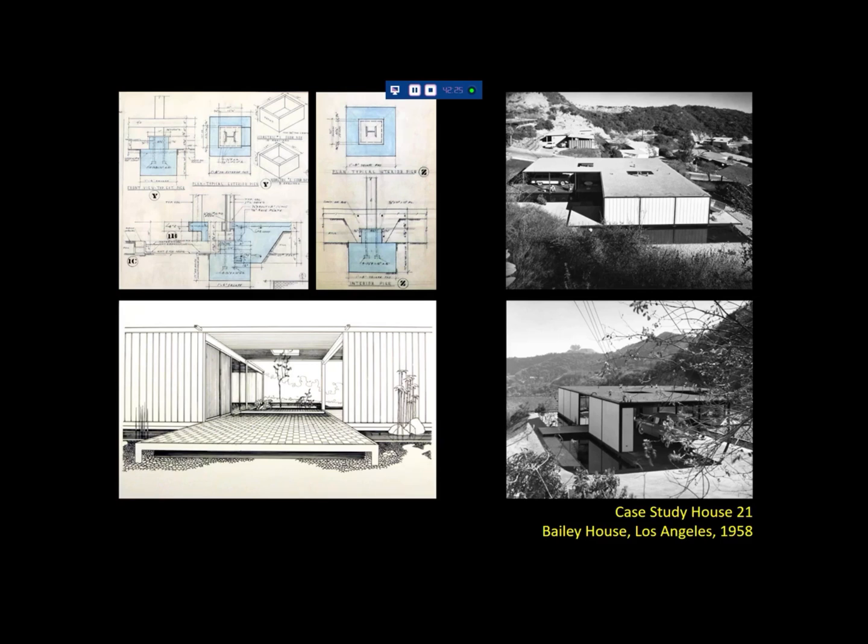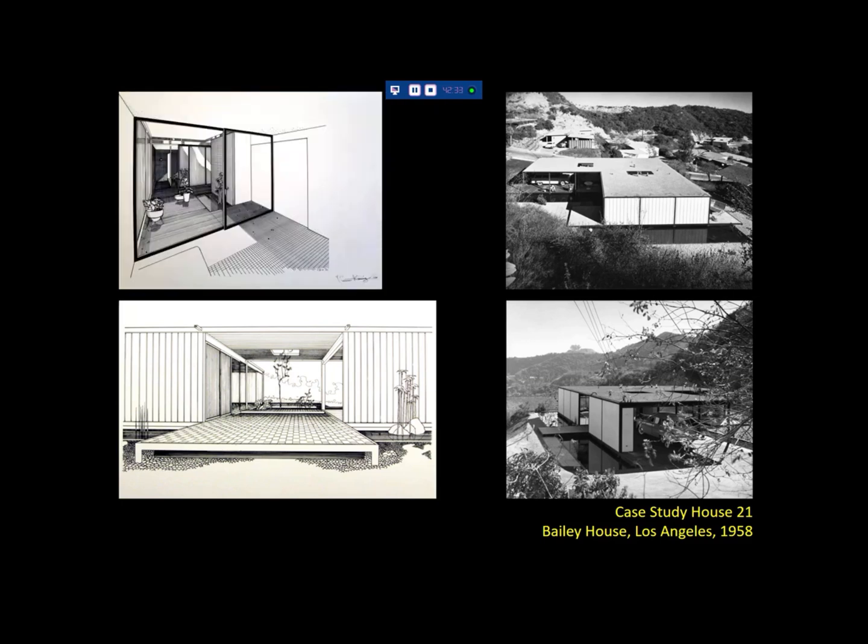Another perspective. This one is of the little courtyard space set between the two bathrooms, which are set between the bedrooms on one side, on the right, and the living dining area on the left. It's an open air space with a wall that has a fountain on it.